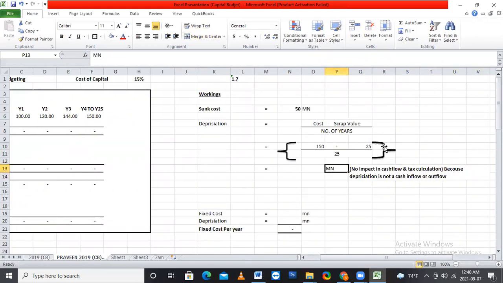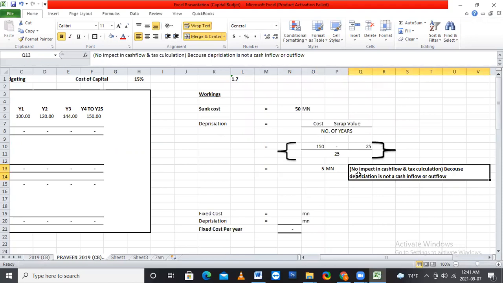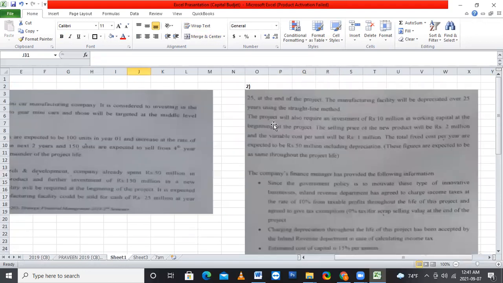So 150 million minus 25 scrap value, divided by 25 years, gives depreciation of 5 million. Note that there is no impact on cash flow in the tax calculation, because depreciation is not a cash inflow or cash outflow.